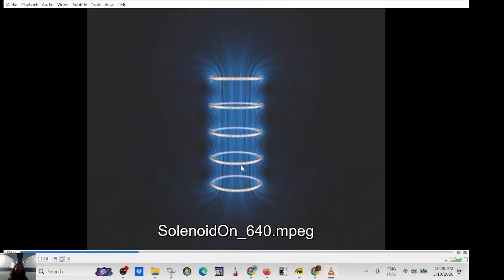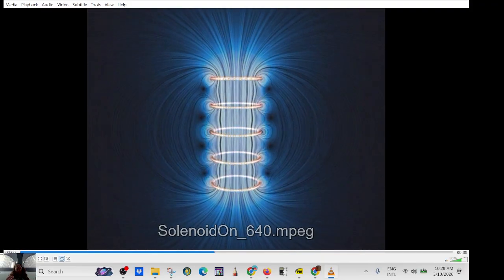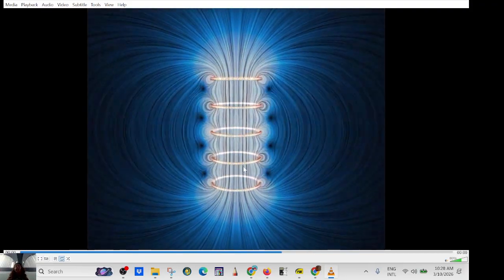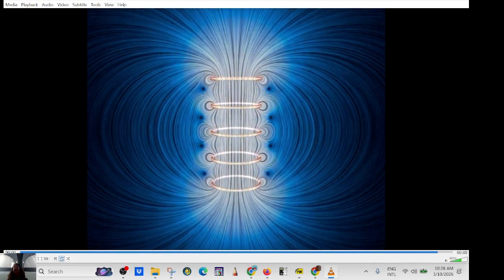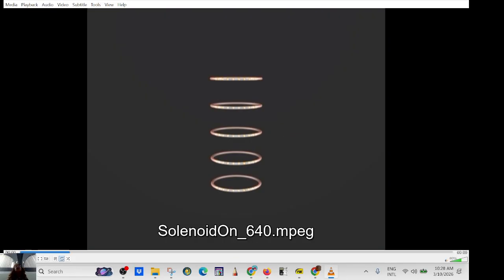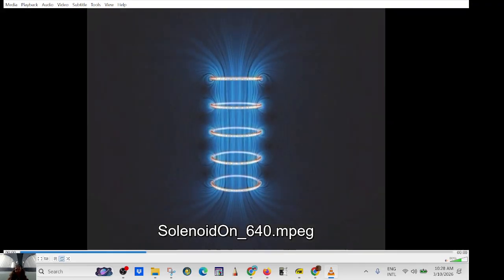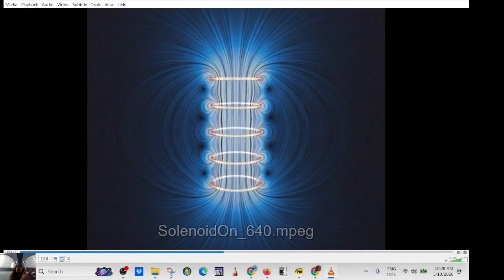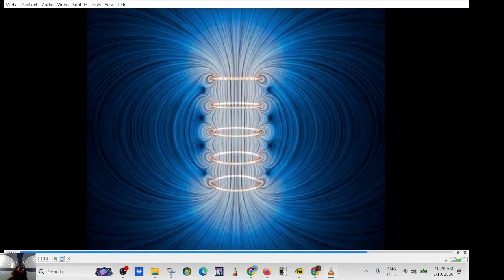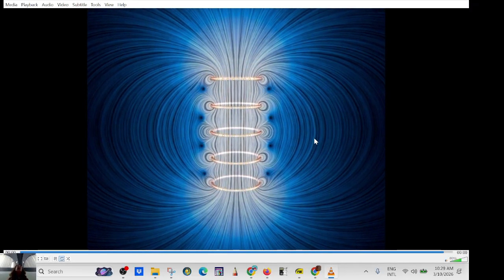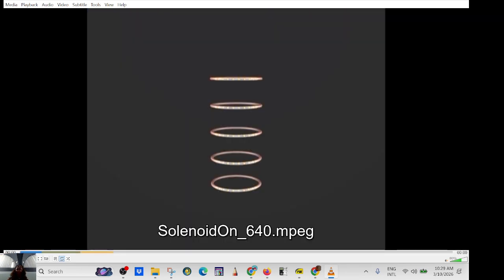You see, you have loops here. The magnetic field is going to expand, so all the energy that you are using from the power supply is going to be locked inside that magnetic field. So the same way a capacitor is a way to store energy from the power supply inside the electric field, the magnetic field is storing energy.